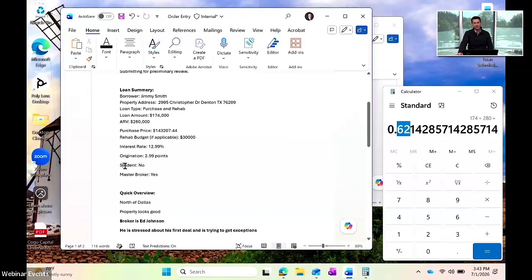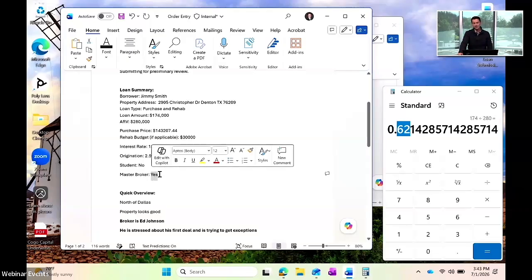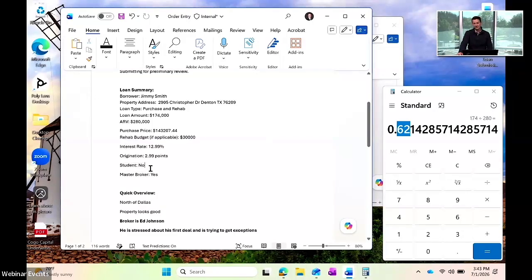There are really two levels of students: the broker certification, and then master broker, and they have different benefits. Generally, master brokers have access to even higher leverage loan amounts because of the way we train them. So a master broker might be able to do something that's 95%, 100% loan to cost to their client, whereas somebody who's not a master broker might be lower loan to cost.